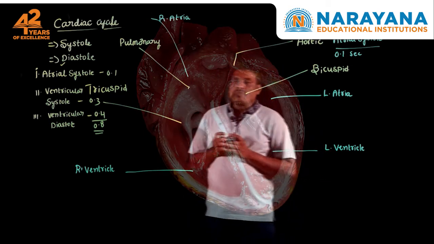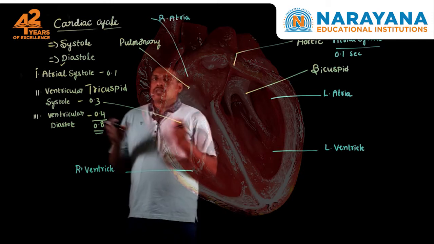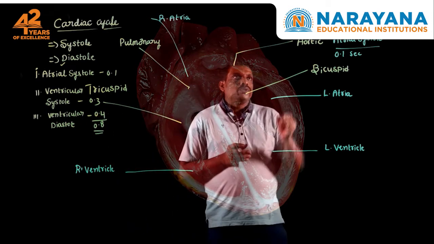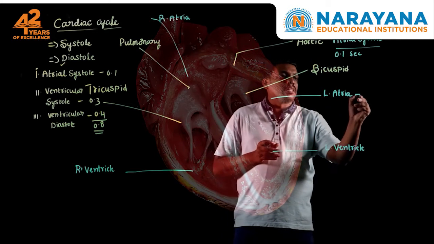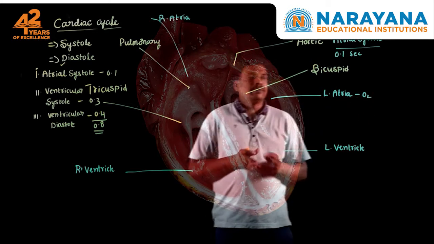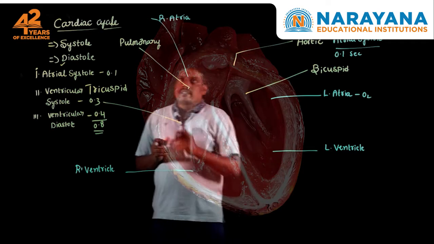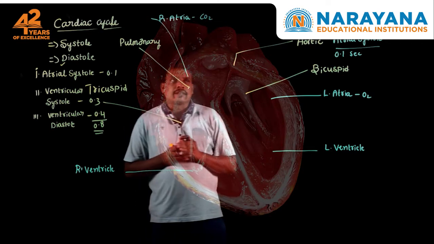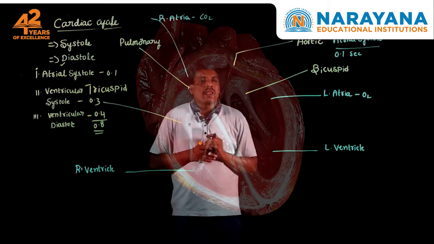During the contraction of atria, they are going to receive the blood. The left atria receives oxygenated blood, and the right atria receives the deoxygenated blood which contains carbon dioxide and other gases.